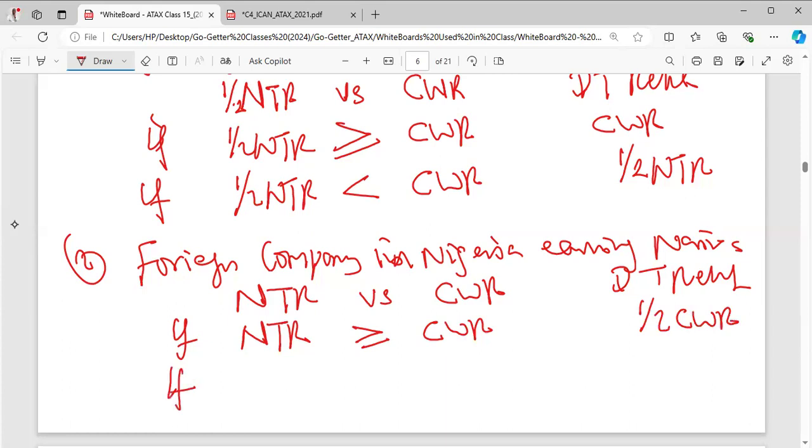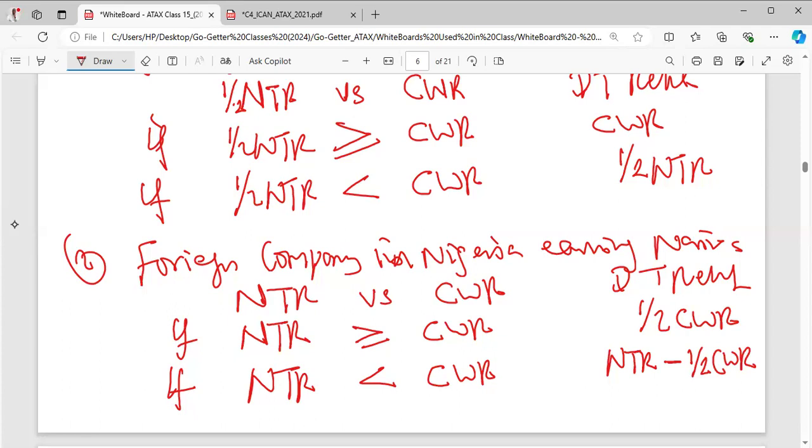If Nigerian rate of tax is now smaller than the Commonwealth rate of tax, it will be Nigerian rate of tax minus half of Commonwealth rate of tax. You need to remember this principle. It will never be given to you in the exam. So you should find a way to memorize this principle.